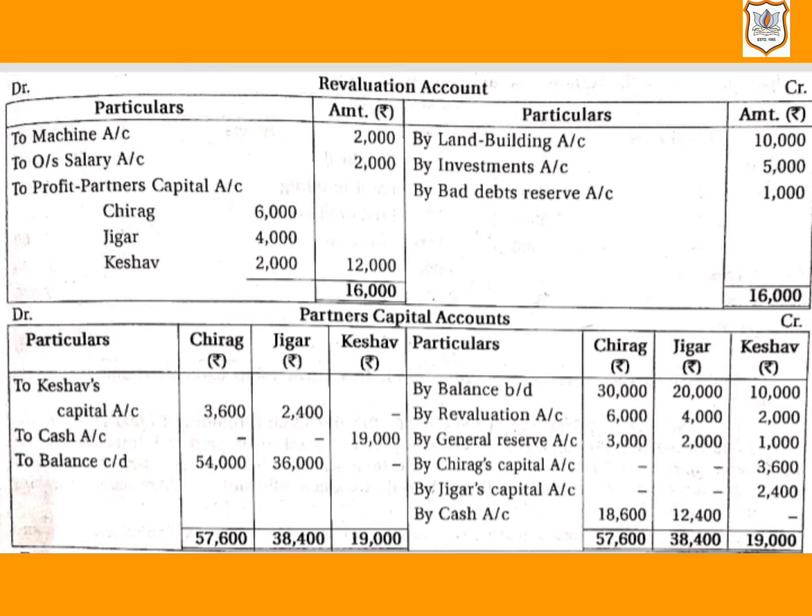Goodwill of the firm is valued at rupees 36,000. Here firm's goodwill is given which is 36,000. So let us find out retiring partner's share in goodwill. So it will be found out by multiplying 36,000 with retiring partner's share in profit. Here retiring partner's share in profit is 1/6 according to the old ratio, that is 3:2:1.